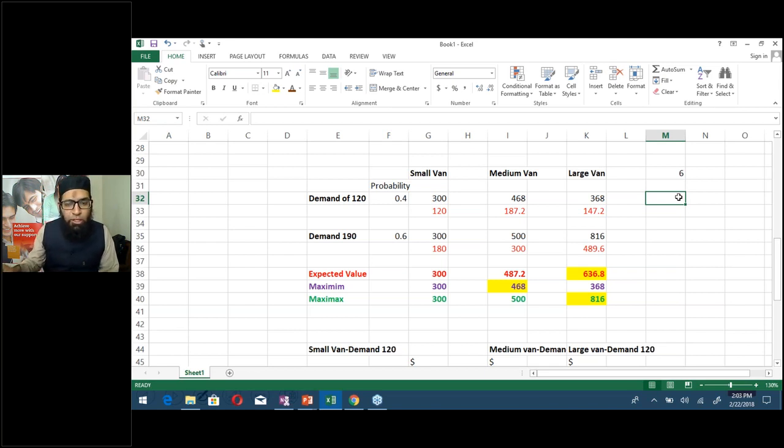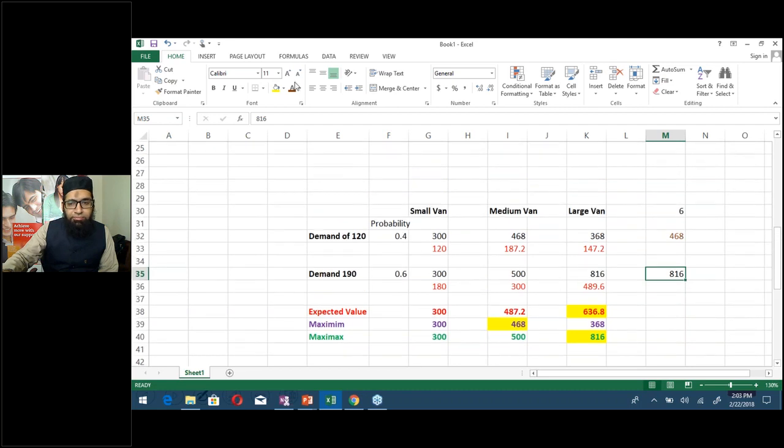So the highest value in the possibility of 120 is 468. And the highest value in the possibility of demand 190 is 816. So this will be my first task. Now what I do, I will subtract each value turn by turn from the highest profit that I have chosen.